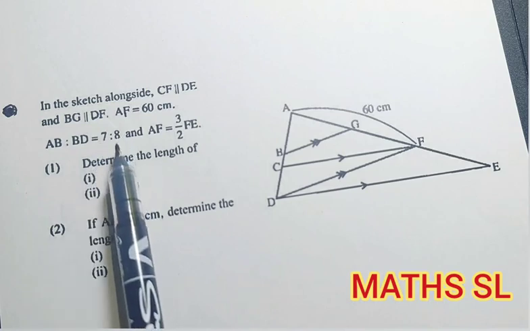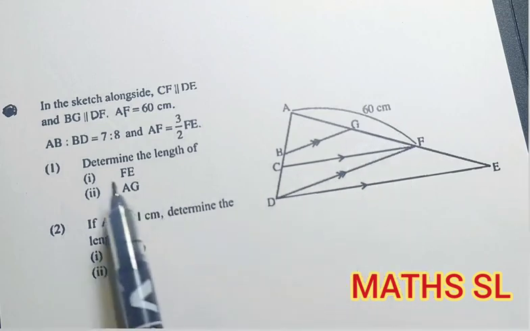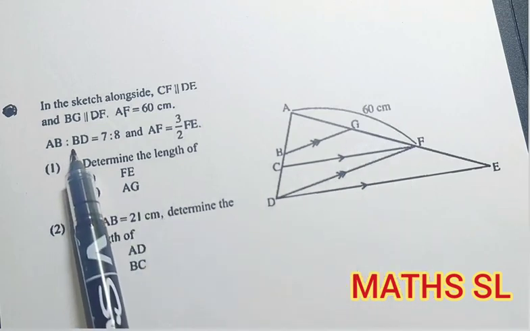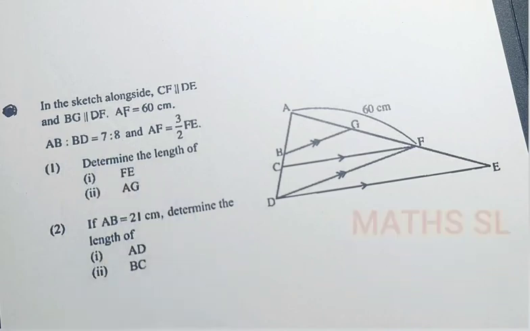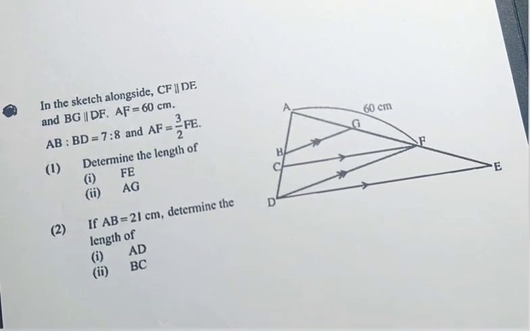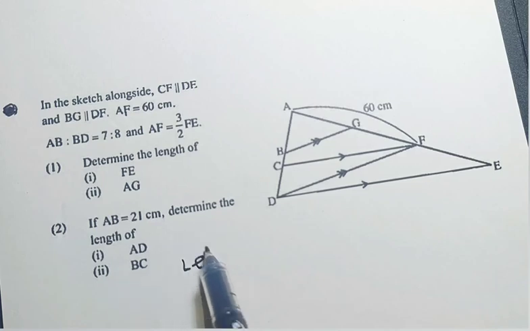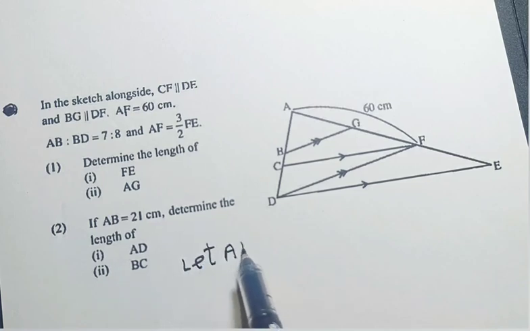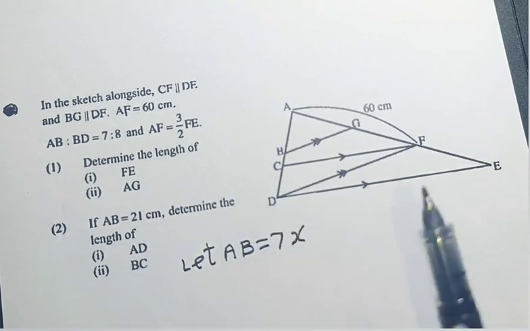Now it says AF is 60 centimeters, and then AB to BD is 7 to 8. So AB is 7, and we're going to denote it with x. Let AB be 7x.